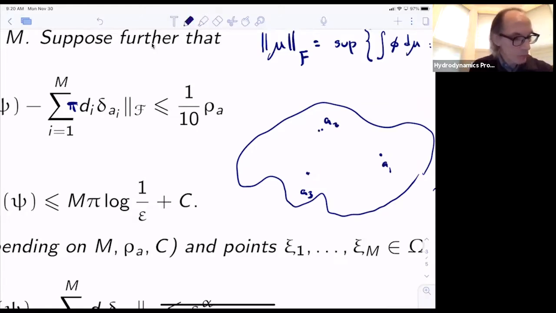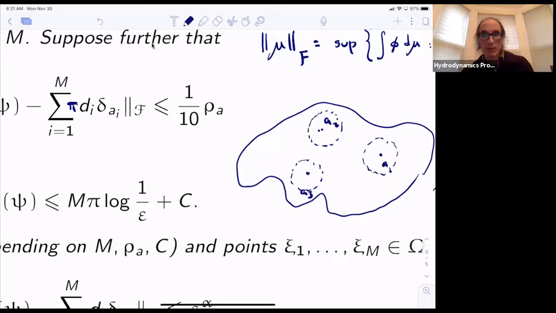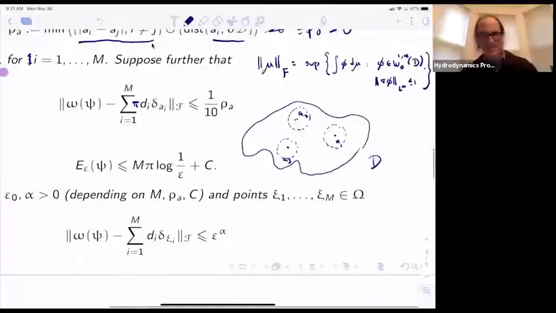What this is seriously saying, we'll see this more in the future, is that they're balls of radius, say, rho sub a over 10, and within each ball, we should think of this as saying that on a coarse scale, the vorticity looks like a sum of delta functions, where the coarse scale is a little bit smaller than this minimum intervortex distance. Okay, so that's assumption 1.